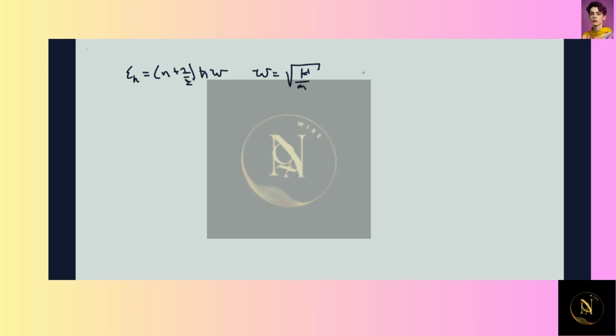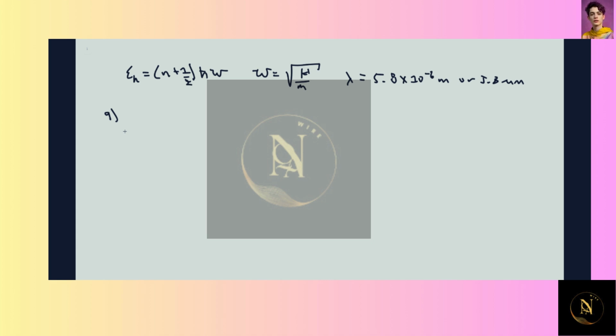I should say lambda is equal to 5.8 times 10 to the minus 6 meters, or 5.8 micrometers. All right, so now for part A, we need to figure out what the energy of the transition is.